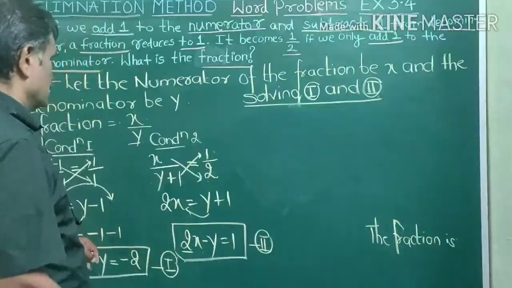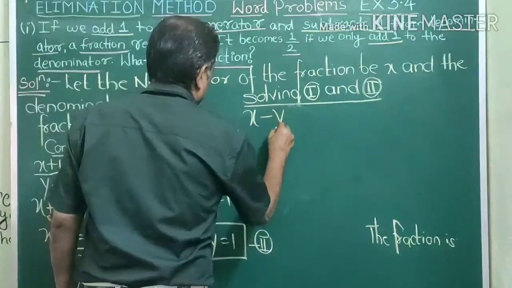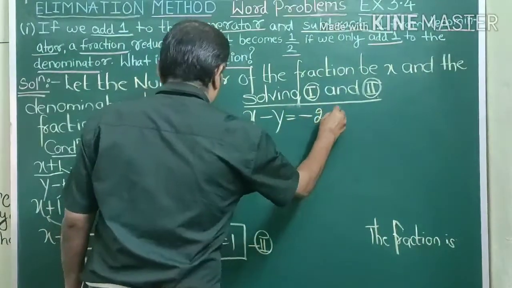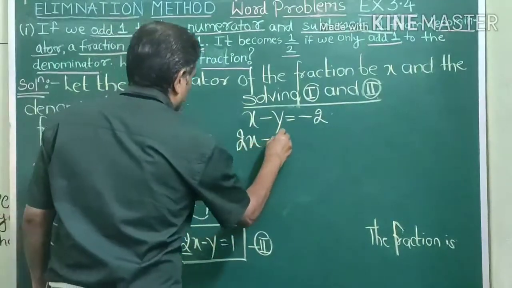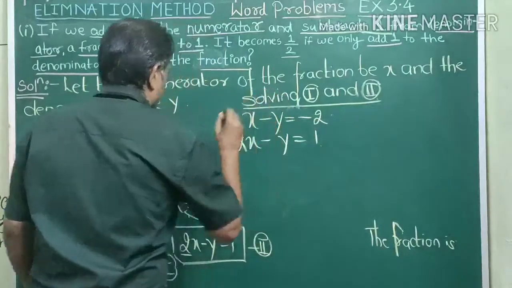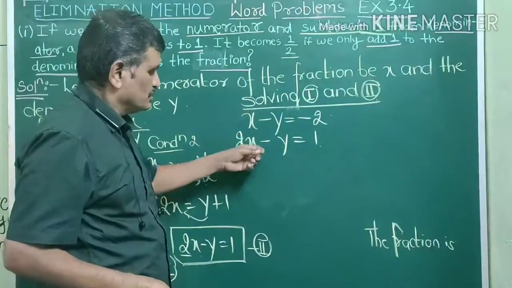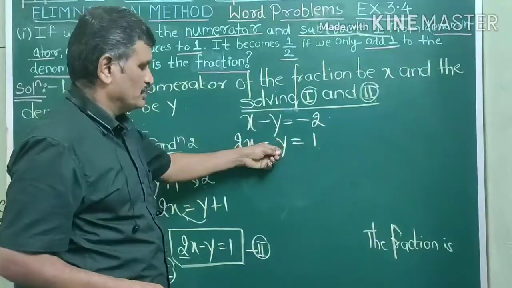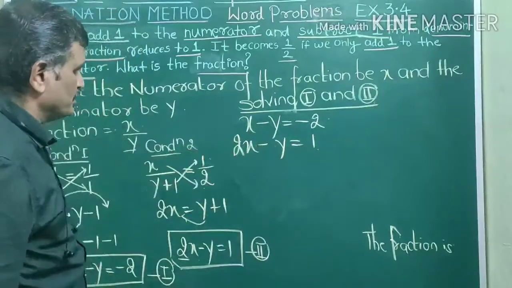The first equation says x minus y is equal to minus 2, and the second equation says 2x minus y is equal to 1. Here I need not multiply anything, since the coefficients of y are already equal. It's a tailor-made equation for us. No need to multiply anything in any equation.